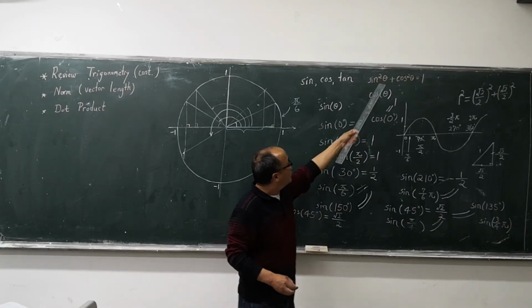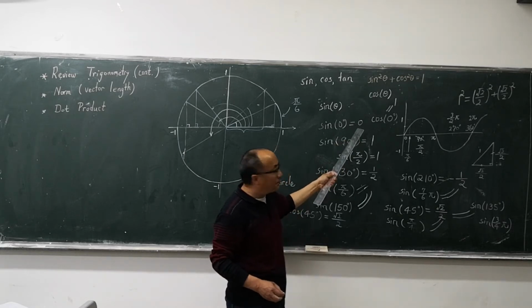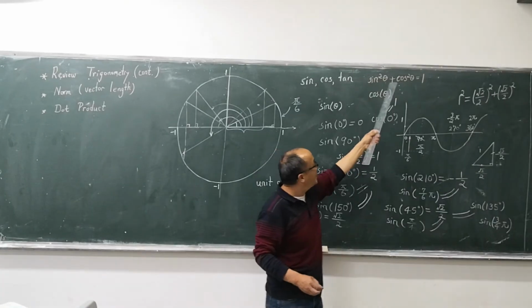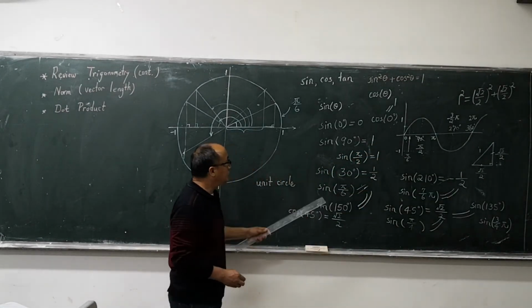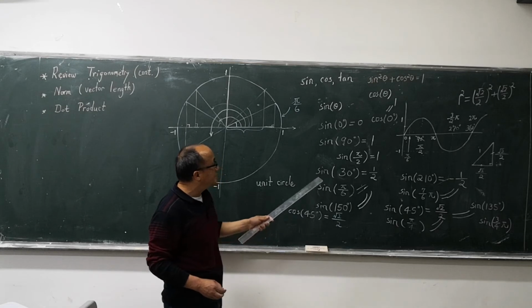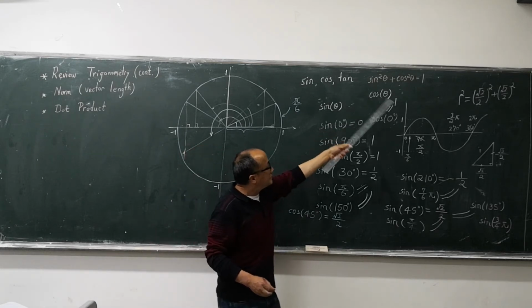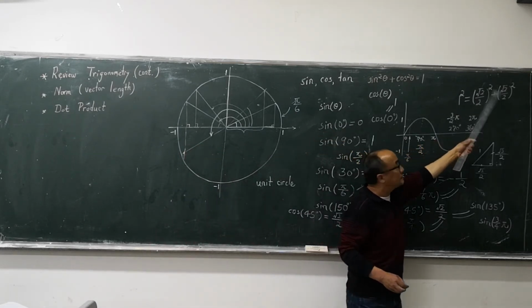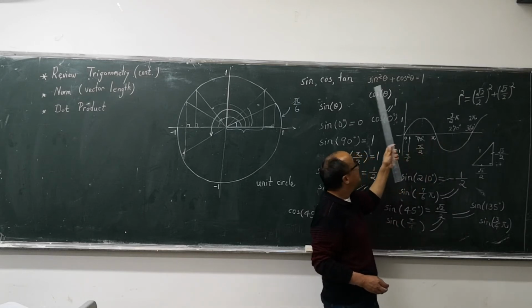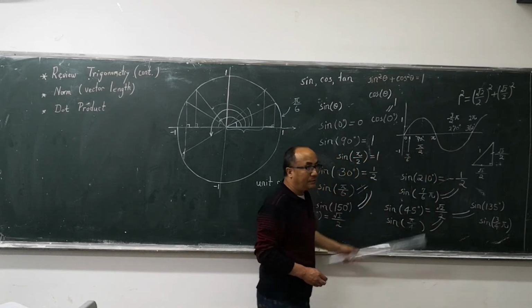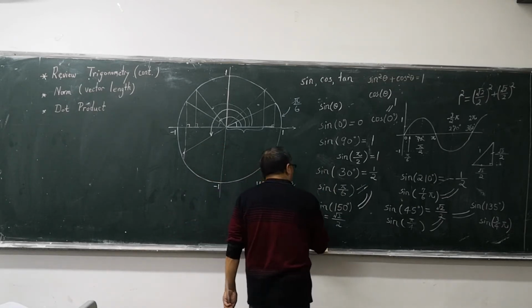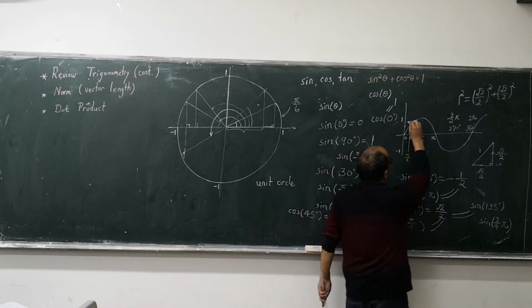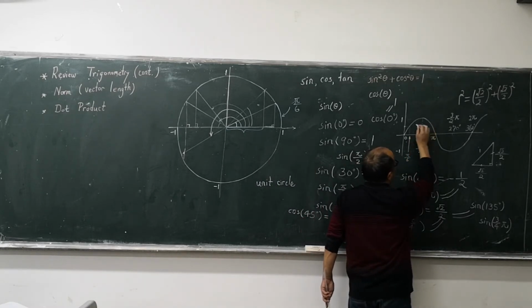When it's 0, this is 0 and this is 1, so this adds up to 1. And for 45 degrees, this and this, and this is 1. This is very important. Actually, for drawing, this is a sine curve. The cosine curve is this.